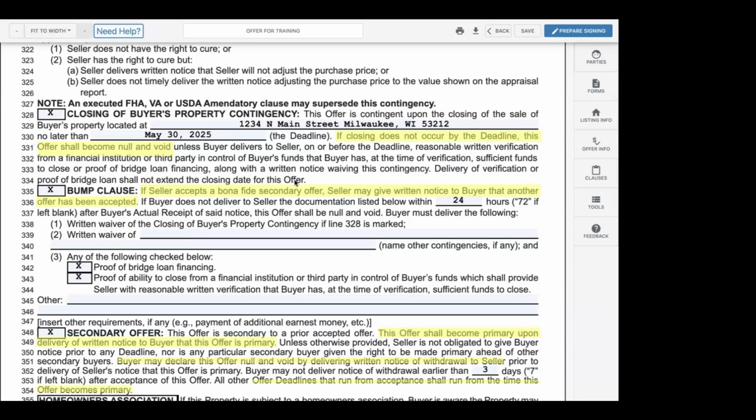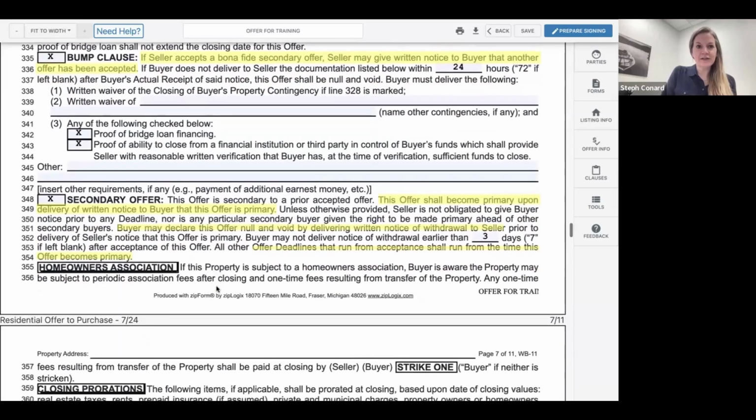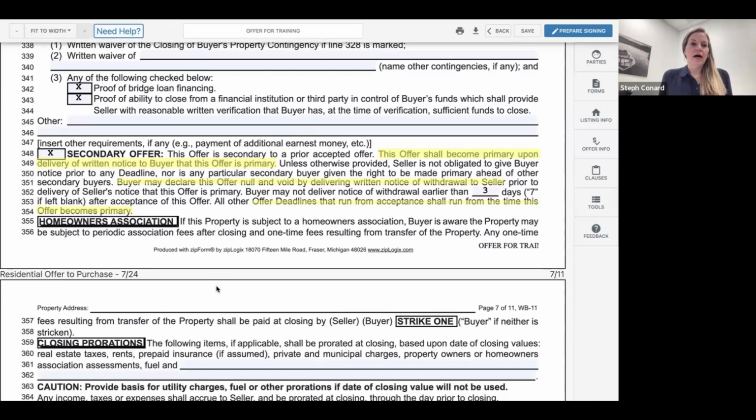Okay, so the secondary offer can be made on a home with an accepted offer, and that accepted offer on the first home does not necessarily have to have a bump clause. You might want to write a secondary offer for a buyer even when the chances of them moving into primary position are low.